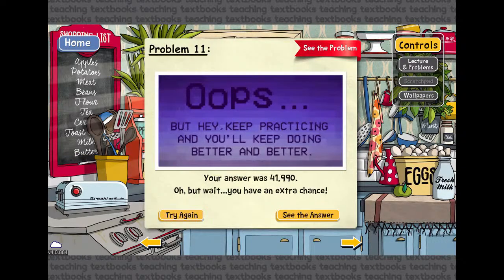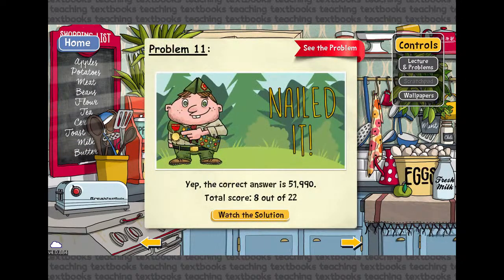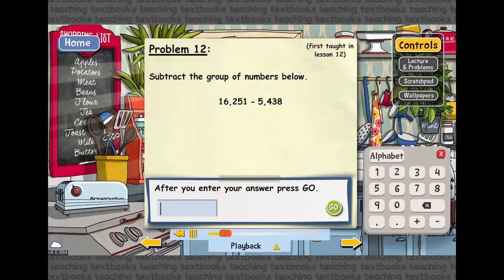Nice try, but that's not it. Problem 11. Find the sum of 48,027 and 3,963. Perfect. Problem 12. Subtract this pair of numbers. 16,251 minus 5,438.